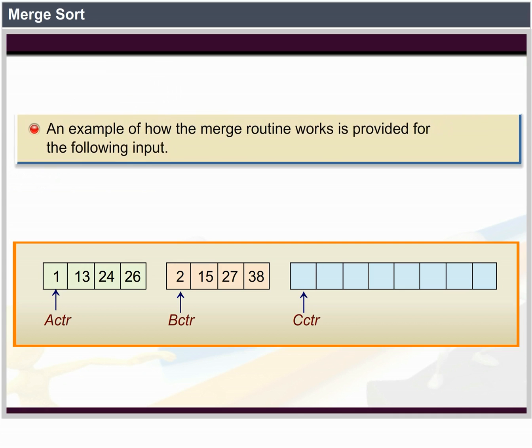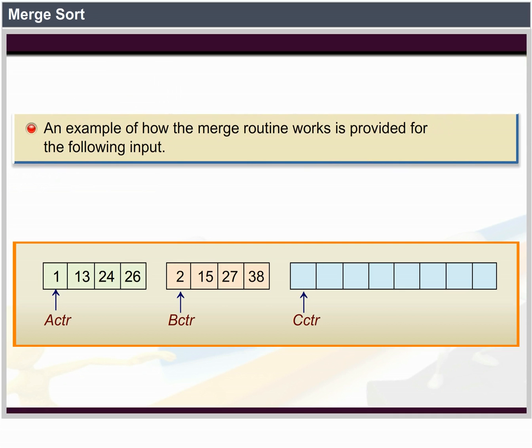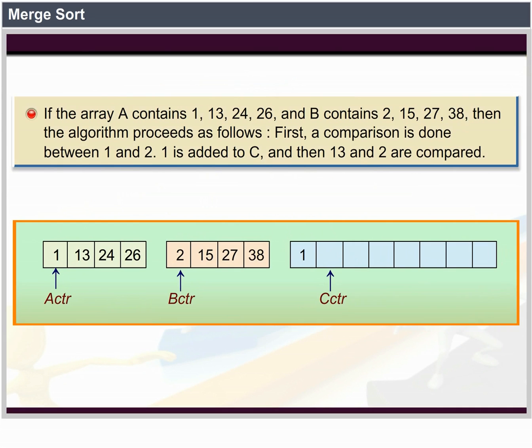An example of how the merge routine works is provided for the following input. If the array A contains 1, 13, 24, and 26, and B contains 2, 15, 27, and 38, then the algorithm proceeds as follows.